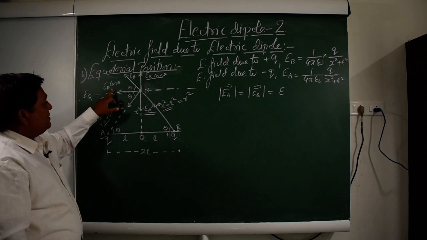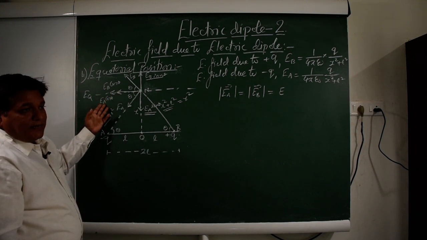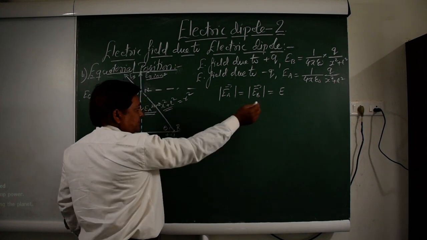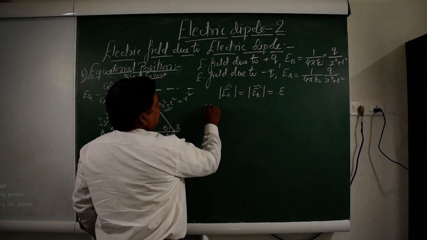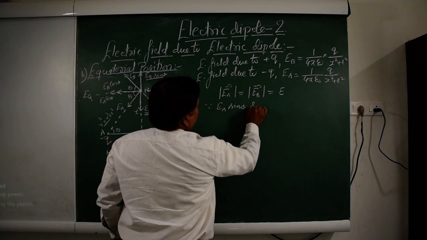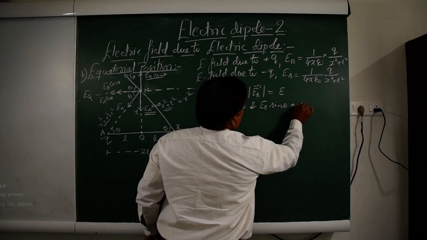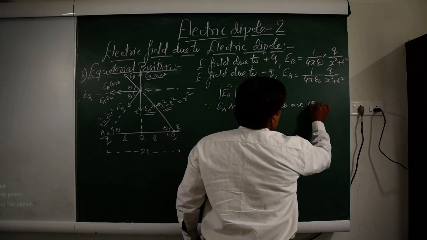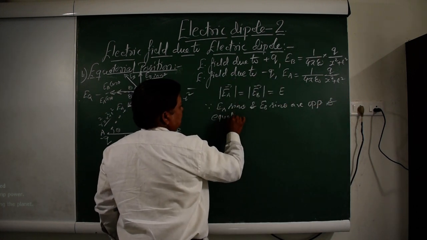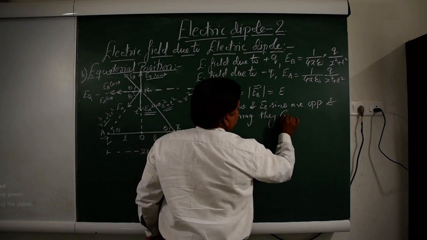Which component of EB is here? EB cos theta. Which component of EA is there? EA cos theta. So it will become 2E cos theta. Since EA sin theta and EB sin theta are opposite and equal in magnitude, they cancel out.